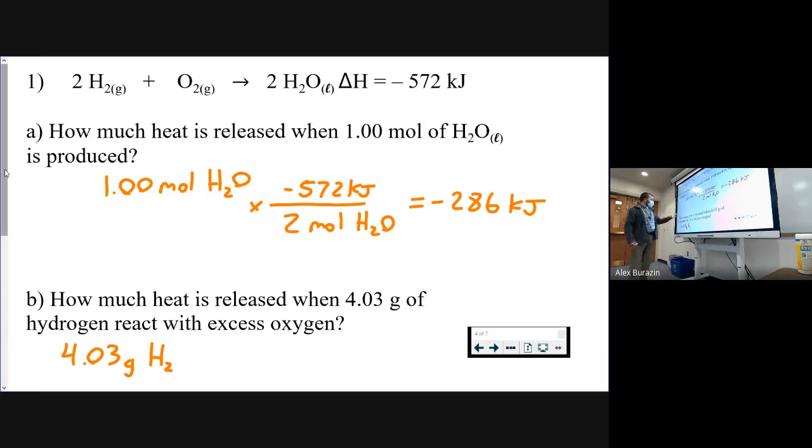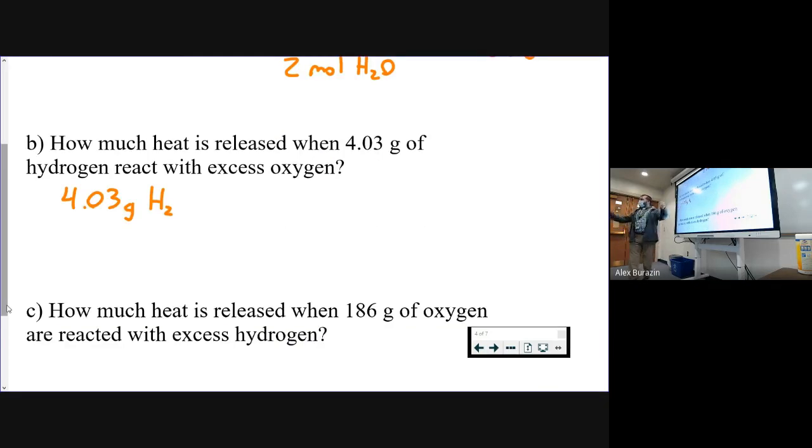Well, how many moles of hydrogen is this? I don't know. Let me figure that out. Next factor, grams of hydrogen. What's the molar mass of H2?